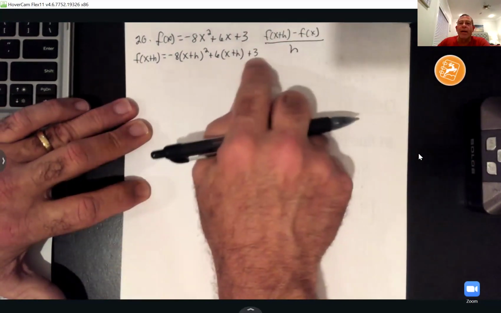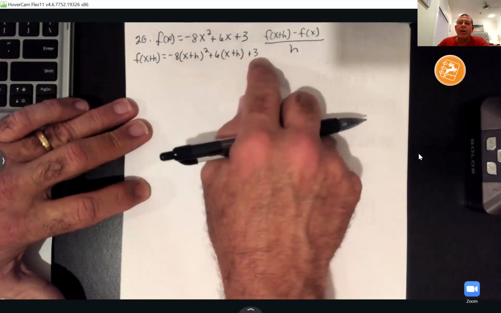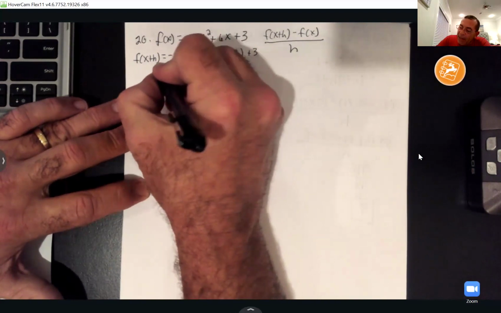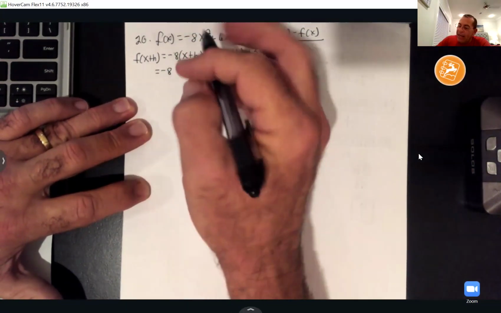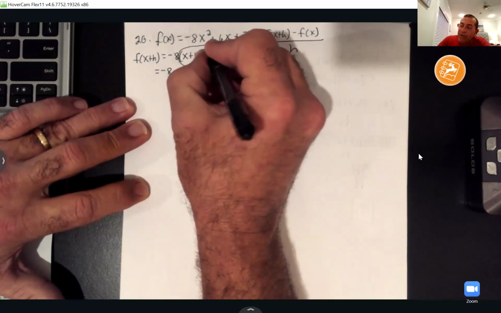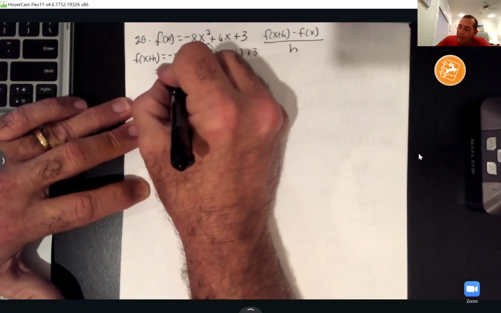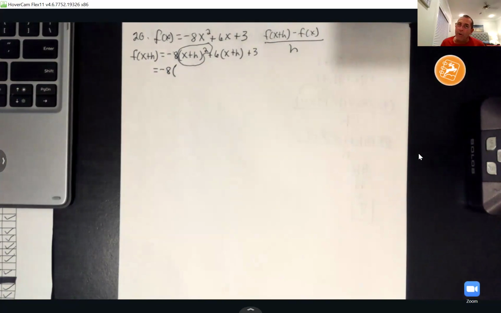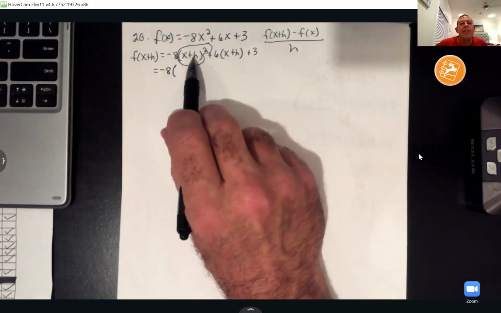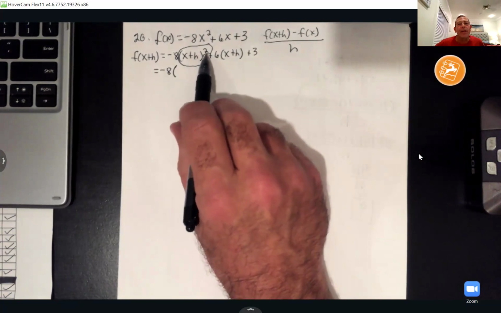And y'all will start out the same. The only difference will be our numbers, okay? So y'all want to bring down my negative 8, because the first thing I got to do is square this x plus h squared. So y'all, I hope y'all wrote down our notes the other day. What does x plus h squared give me?